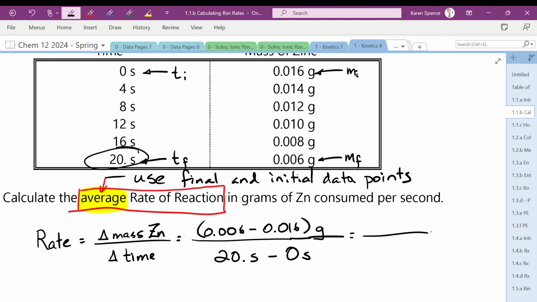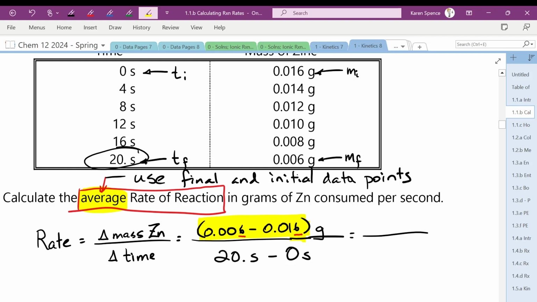Now, before we get too excited about doing anything, when we calculate 0.006 minus 0.016, what do you recall about significant figures when we are doing a subtraction? That's the rule for multiplying and dividing.